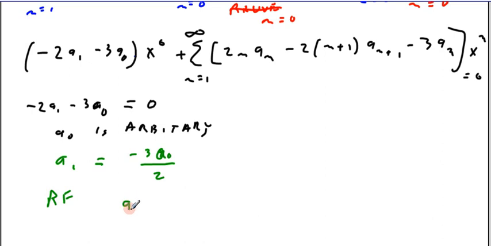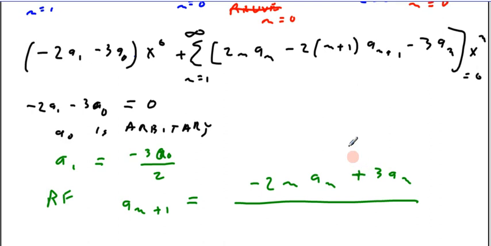It says a(n plus 1) is going to be minus 2n a_n plus 3 a_n, divided by minus (2n plus 1).